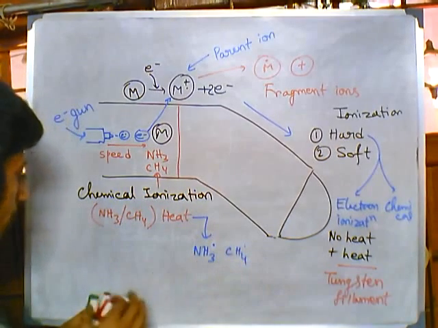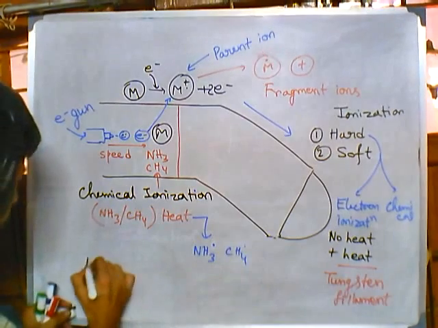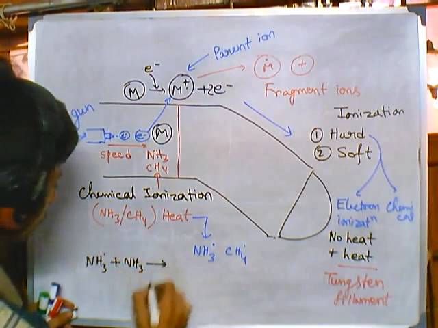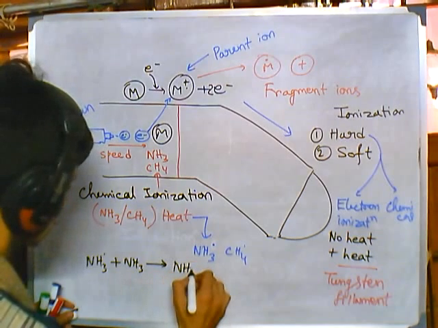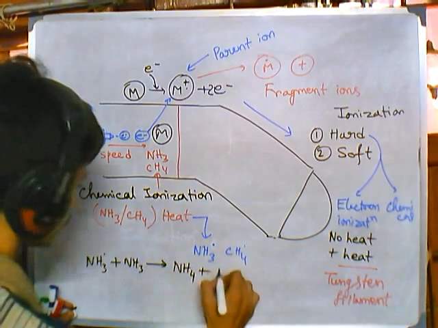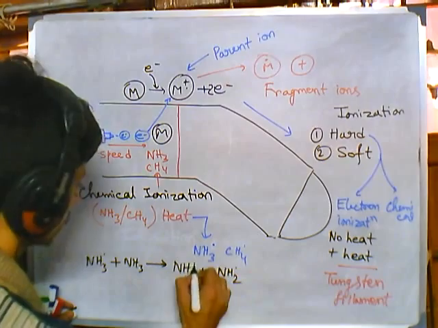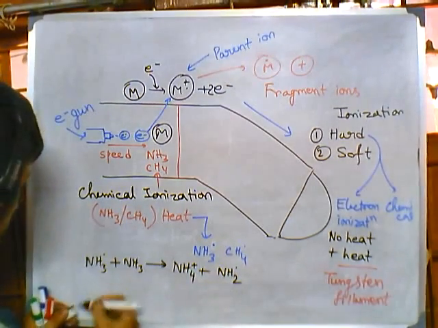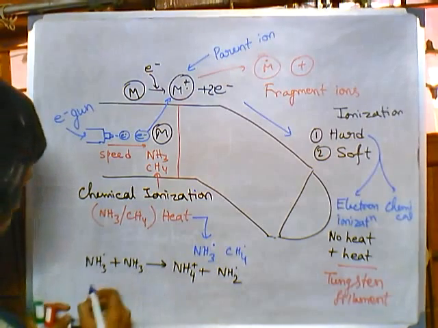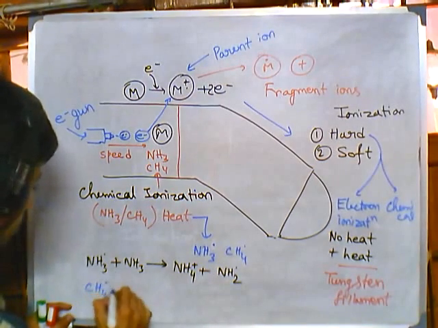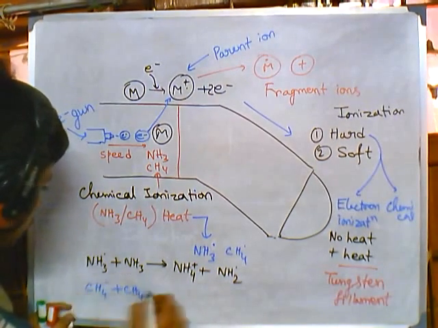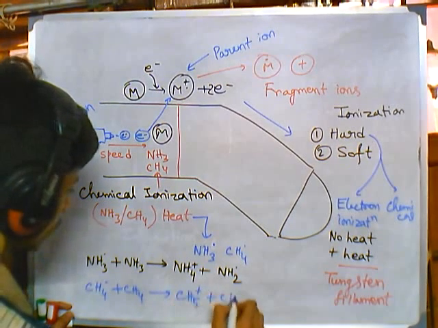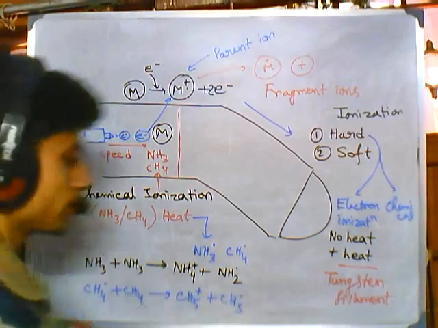So what will happen, this ammonia is going to react with another, and it will produce this thing. So again they are fragmented into these parts, and in the case of methane, if I draw, again it reacts with another methane, and what it can produce, this thing.